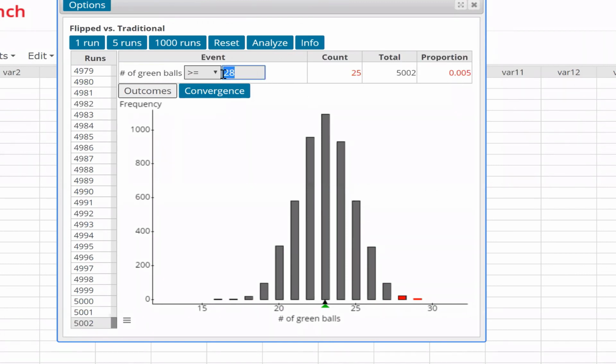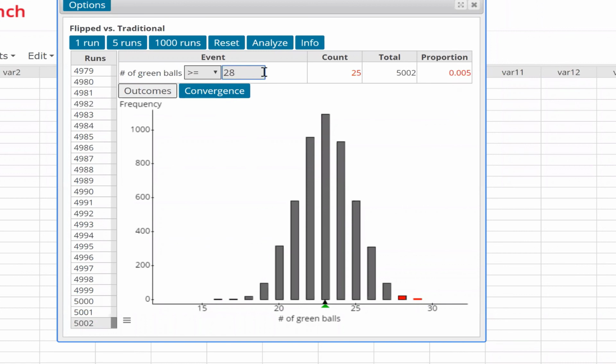In other words, you would only observe results such as this about 5 of every 1,000 times you did this study, if the pass rates of the two courses were the same. Because observing a result such as this is so unusual under the assumption the pass rates are the same, you would take this as evidence against the statement in the null. And you would take this, therefore, as evidence that, yeah, the pass rates in the flipped classroom are higher than the pass rates in the traditional.